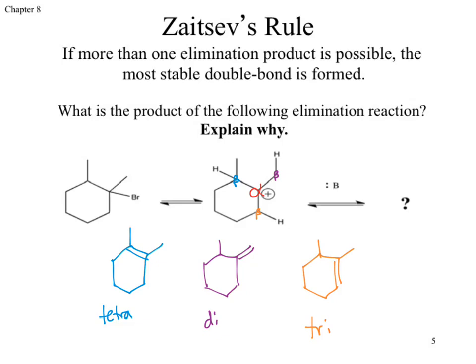In this case, the major product we end up with is our tetra-substituted. In multiple choice exams, it is always what is the best answer. Not all of these are possible, but what is the best answer. In this case, our tetra-substituted is the best answer, regardless of how many other options are thrown out there.